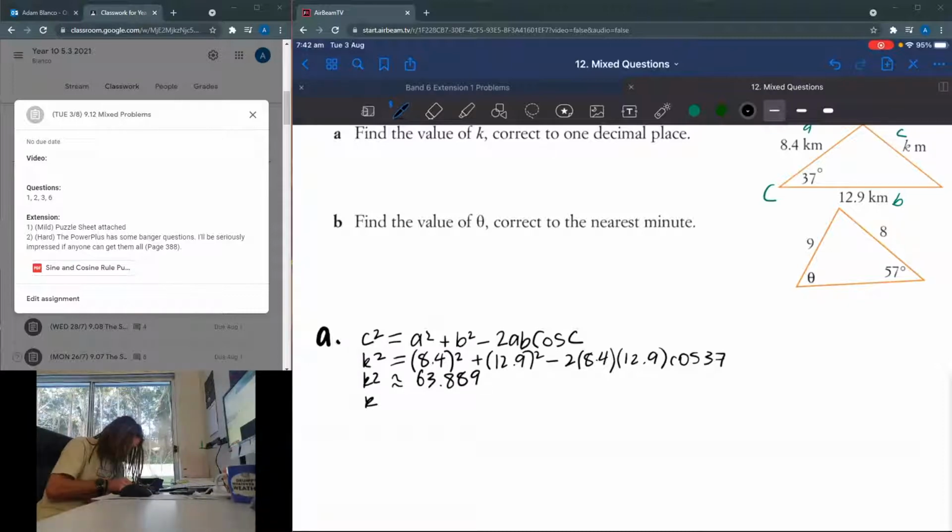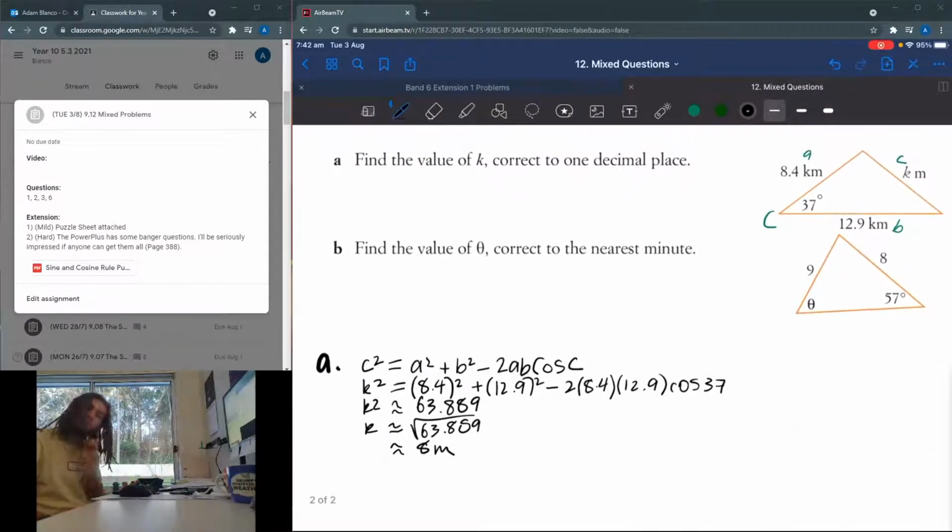Then I'll take the square root. That's approximately 8 meters. Okay, so literally it's just shoving into a formula, as long as you know which formula to use.